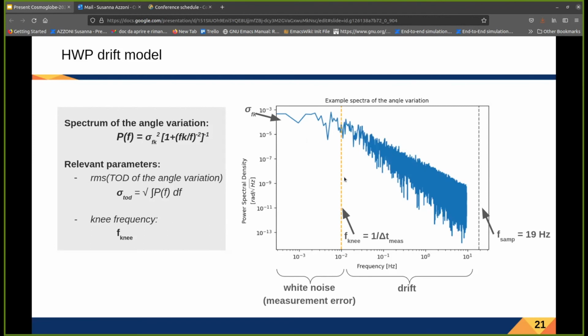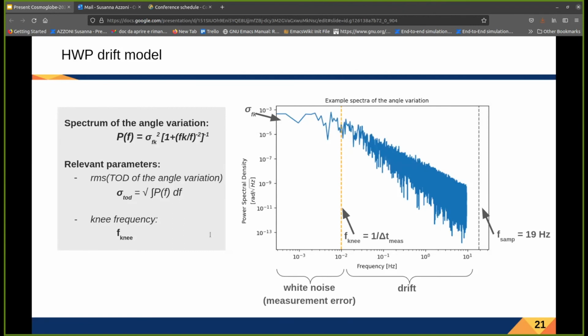And we put a limit at the low frequency, what we call f_knee, which is the frequency corresponding to the inverse of the separation time between two measurements made by the encoder. So if frequency is lower than f_knee, you expect to be limited by only the white noise, because that's when you are measuring your half-wave plate location.